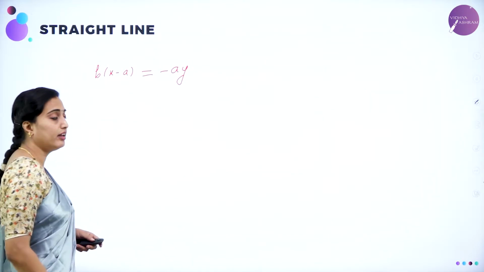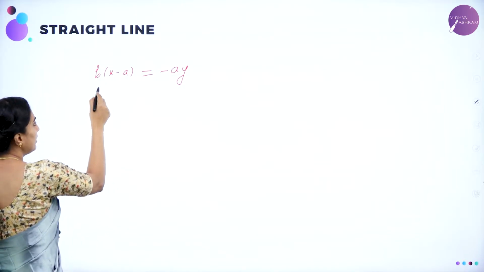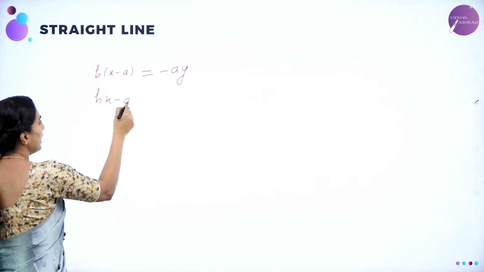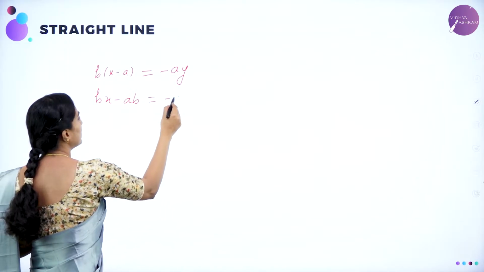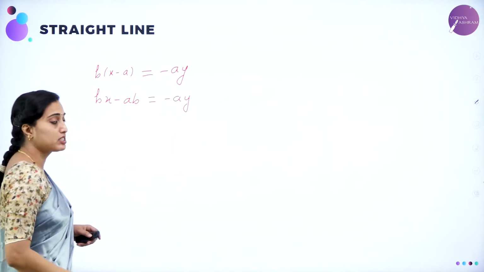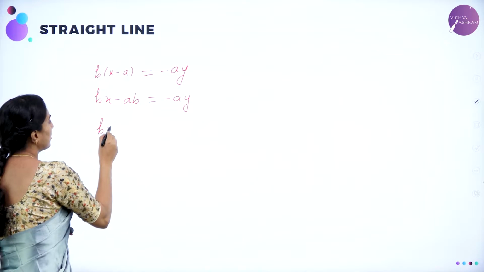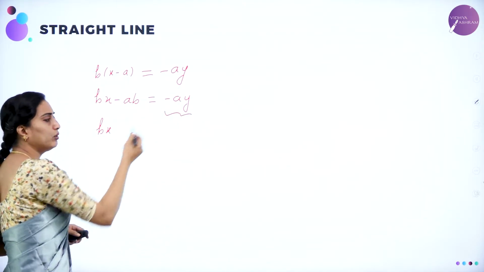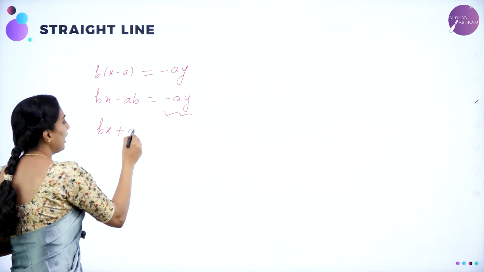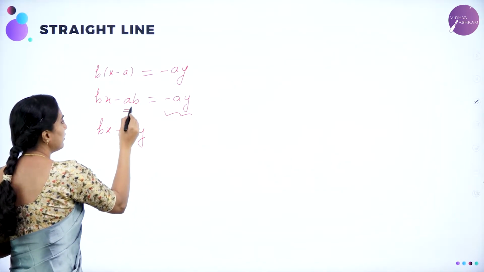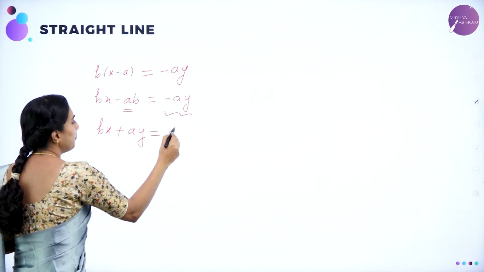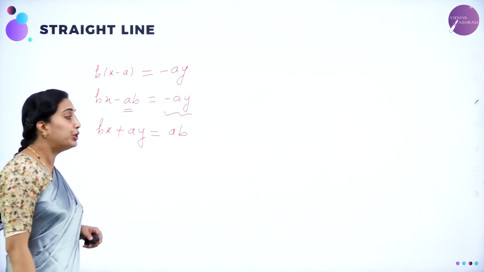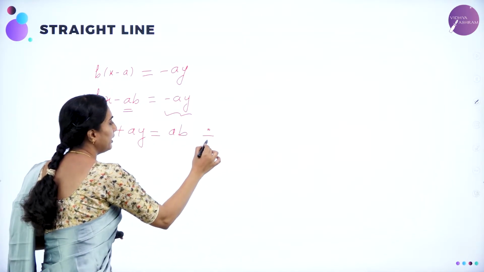Multiplying inside, bx minus ab is equal to minus ay. If I shift ay to this side and ab to that side, it becomes bx plus ay is equal to ab. Now you can divide throughout by ab.